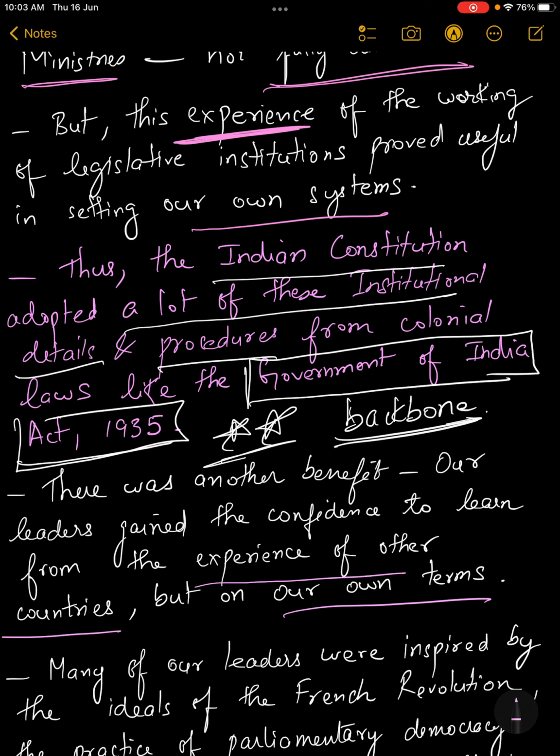ठीक है? Then for instance, the preamble it has borrowed from the Constitution of the United States. Fundamental rights, which is called the Bill of Rights, it is again from the United States. The President as the Supreme Commander of the Armed Forces, again from the United States. ठीक है?